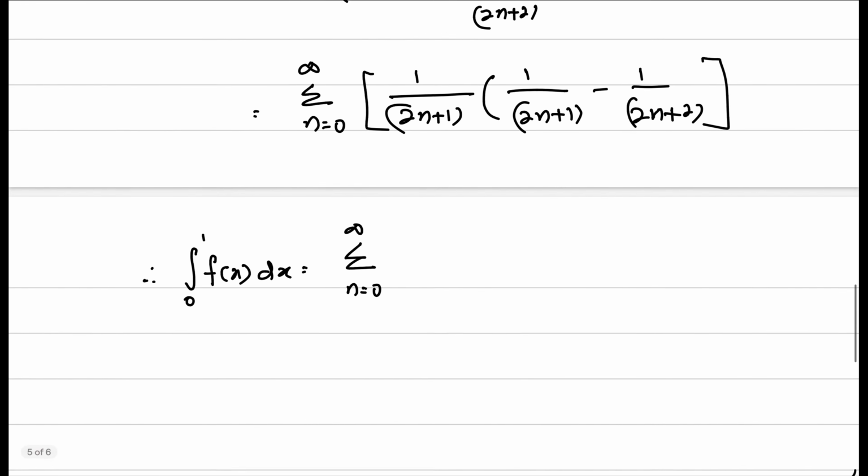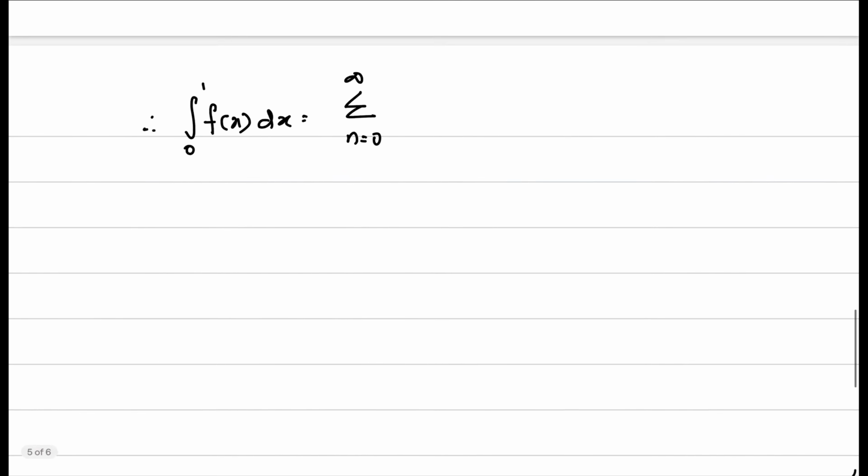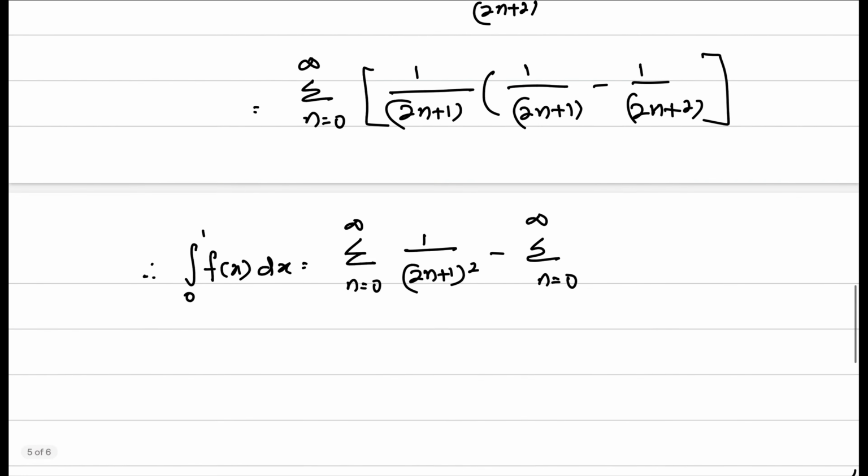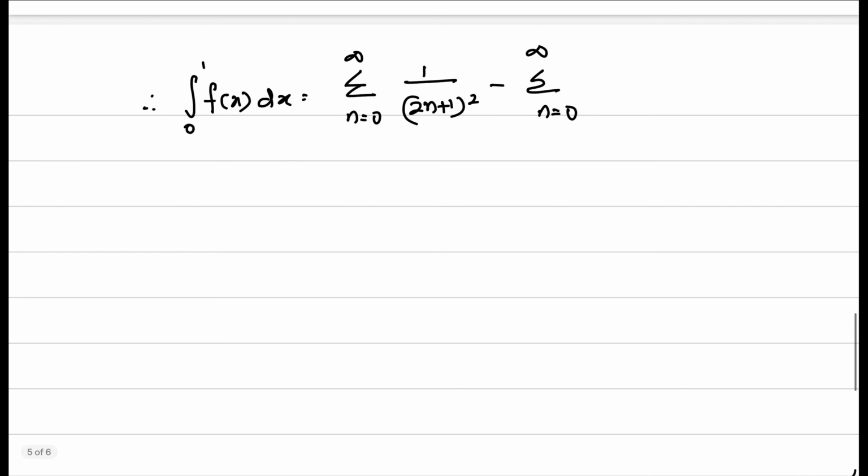Let us open the bracket: 1 by 2n plus 1 whole square minus the sum n equals 0 to infinity of 1 by 2n plus 1 into 1 by 2n plus 2. Do you agree? I just opened the bracket.